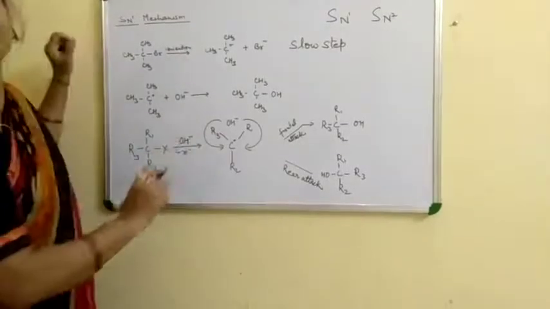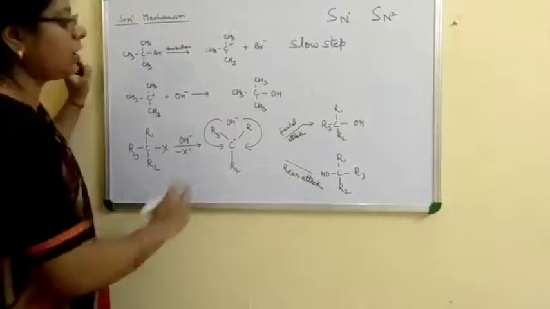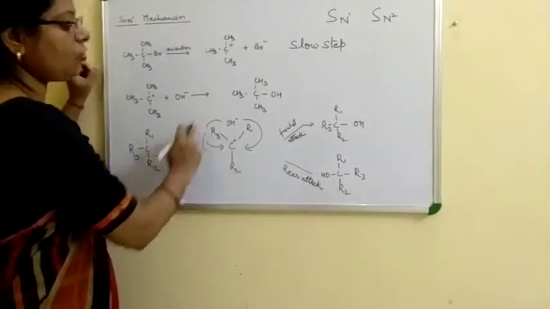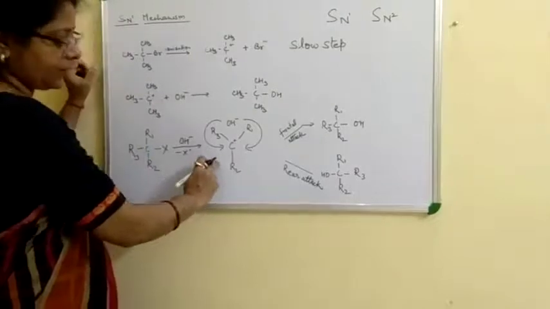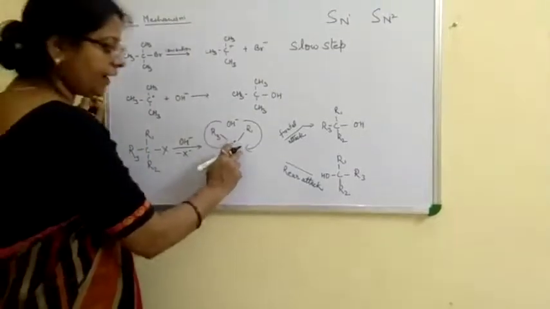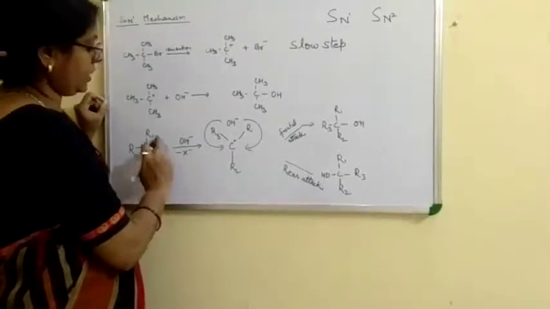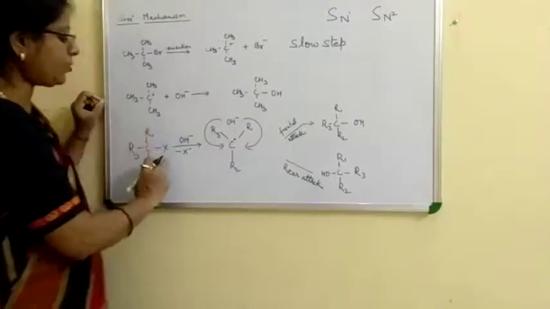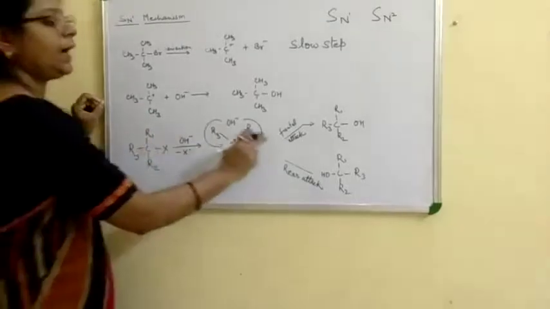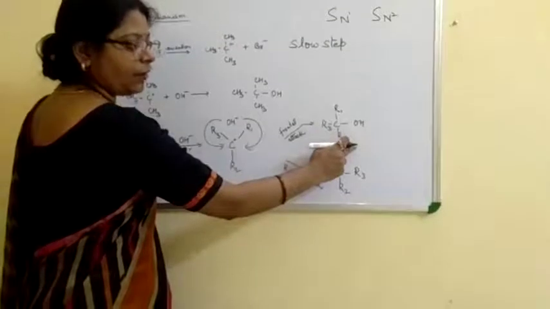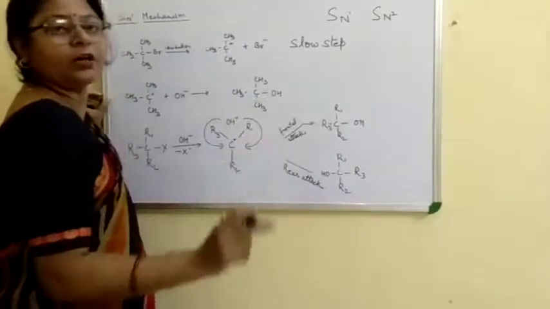The opposite side is known as the rear side or back side. So when it attacks from the same side where the halide group left, that is known as frontal attack, and the product is formed with the same type of configuration.